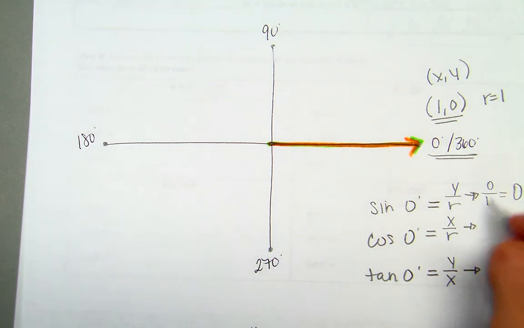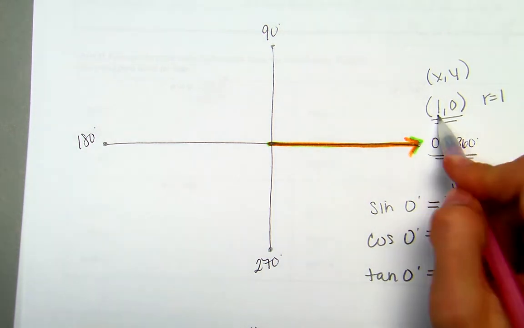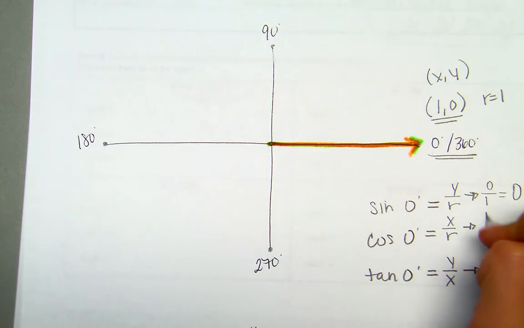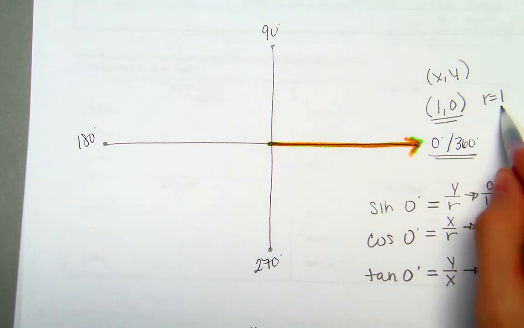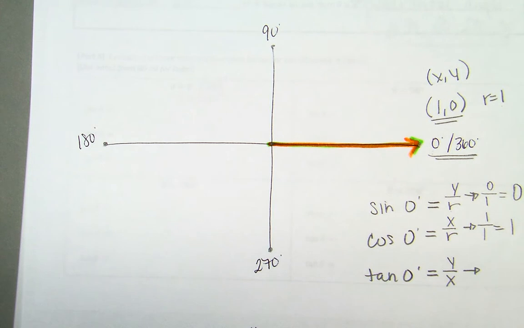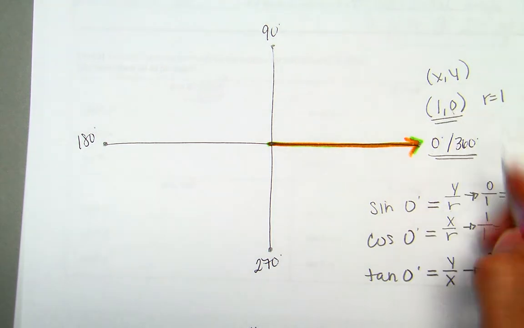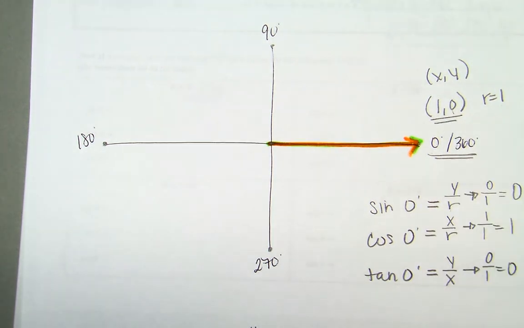Cosine of 0 degrees is the proportion of x over r. In this case, at 0 degrees, x is 1. Your radius will always be 1. So cosine of 0 will forever be equal to 1. And tangent is y over x. So 0 over 1 gives you 0.